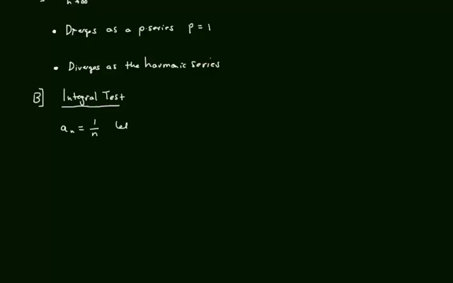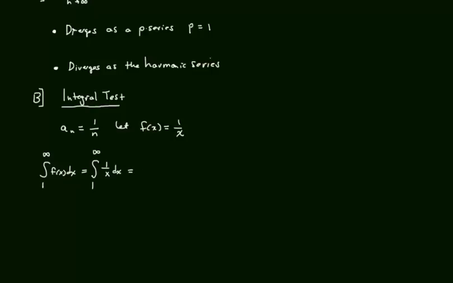The next thing we do is let f of x, the corresponding function, be 1 over x. The next thing we do is investigate the integral from 1 to infinity of the function f of x. So that becomes the integral from 1 to infinity of 1 over x dx.